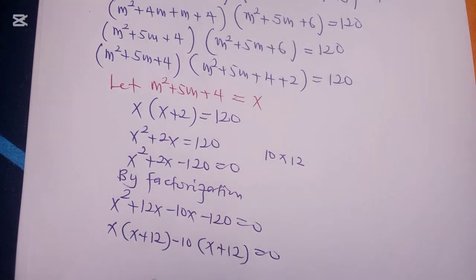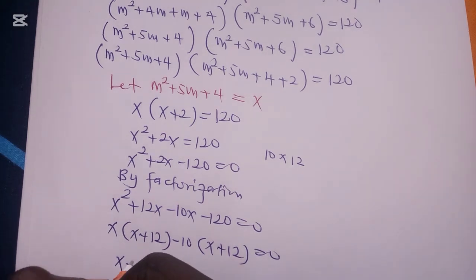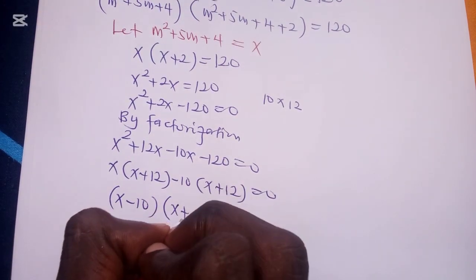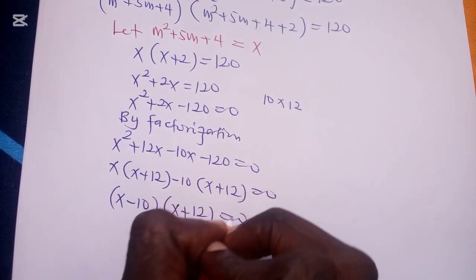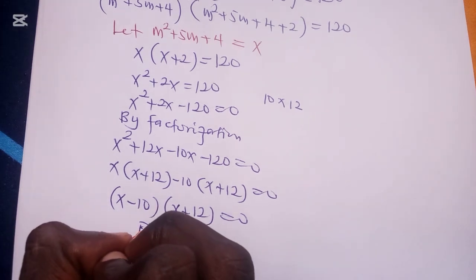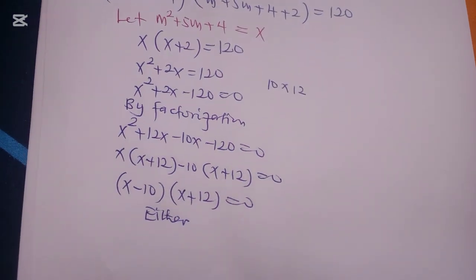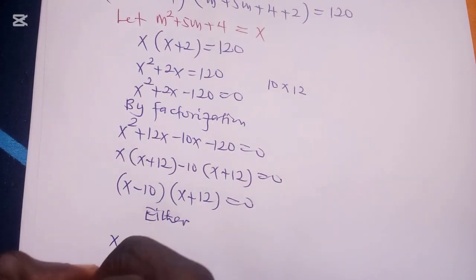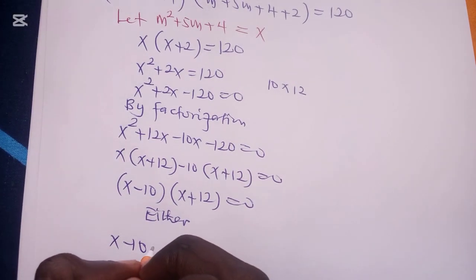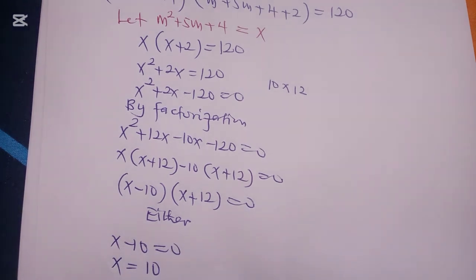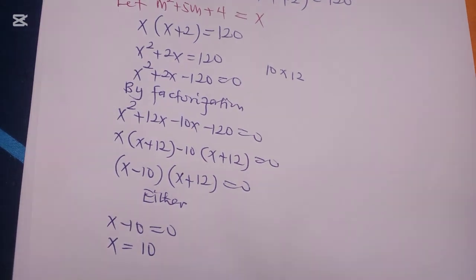Then everything equals 0. Now taking the terms outside the bracket, we have (x minus 10)(x plus 12) equals 0. Now let's take the first one: x minus 10 equals 0, so the value of x becomes 10.